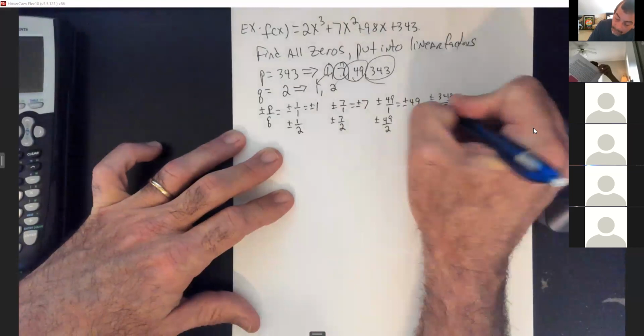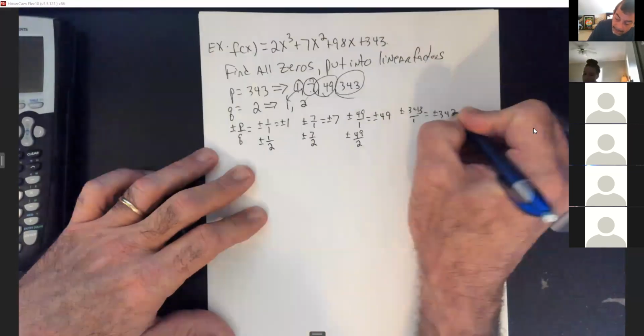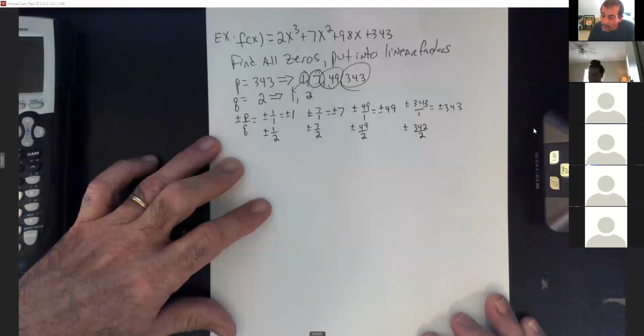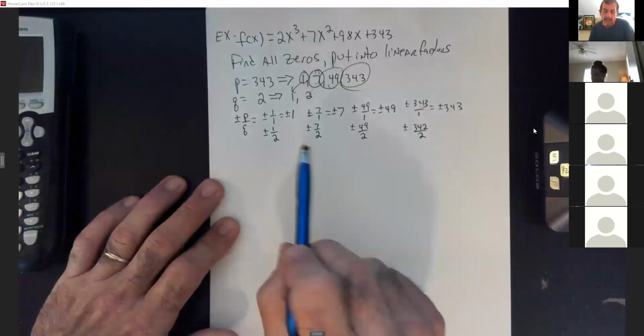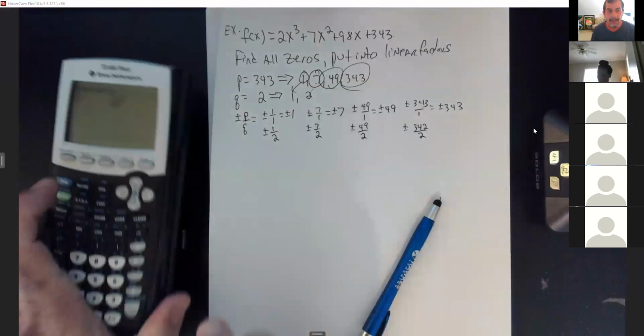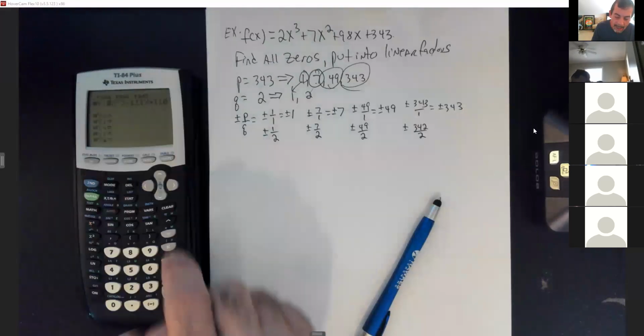So 343 over 1 is 343. And then 343 over 2 does not reduce. Now, I don't know which one of these numbers I'm going to start with, so I'm going to graph that so that the calculator can give me a little bit of help. So I'm going to go to y equals and clear that one.